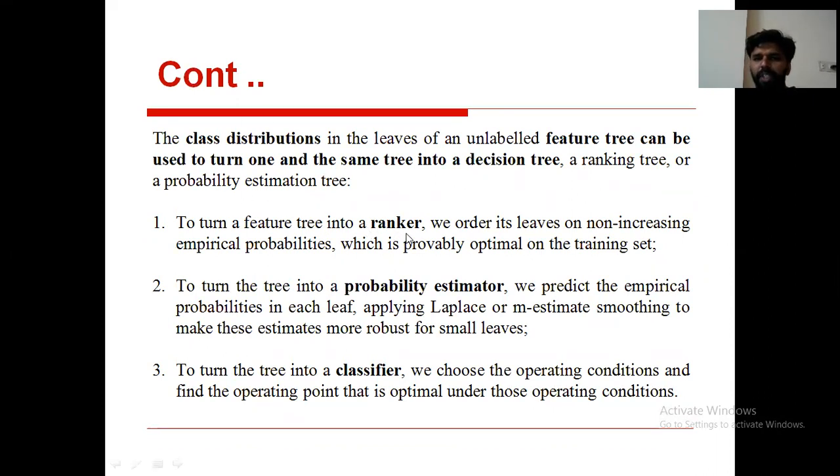To turn a feature tree into a ranker, we order its leaves on non-increasing empirical probabilities. We already know the empirical probability calculation process. By using the empirical probability, we are going to arrange the tree features in proper order. And one more important point here is, this should happen on the training set only.